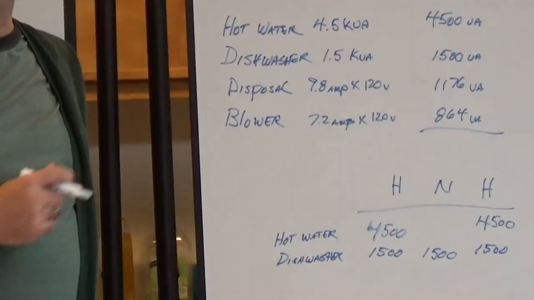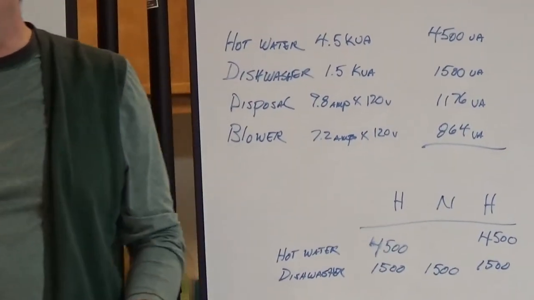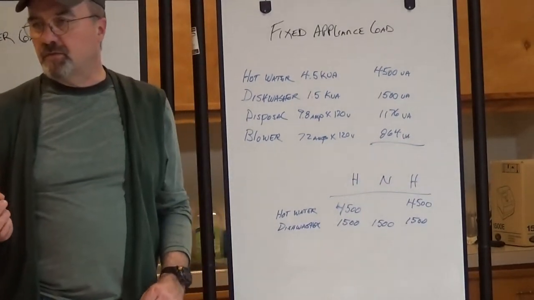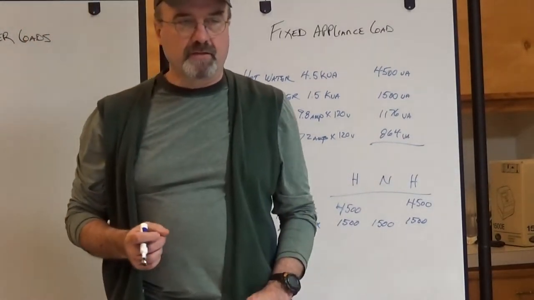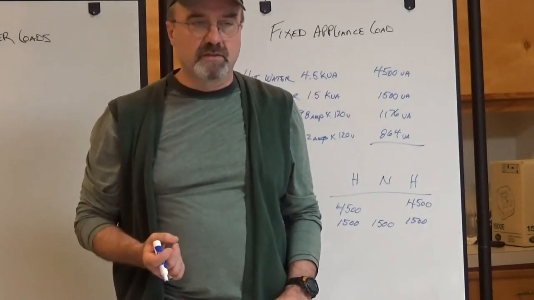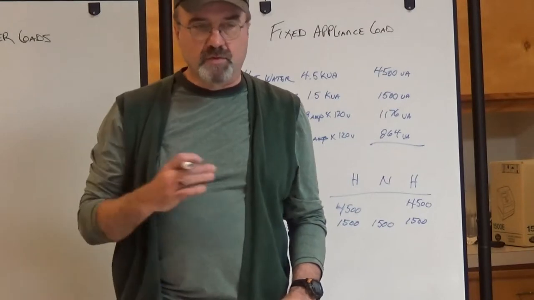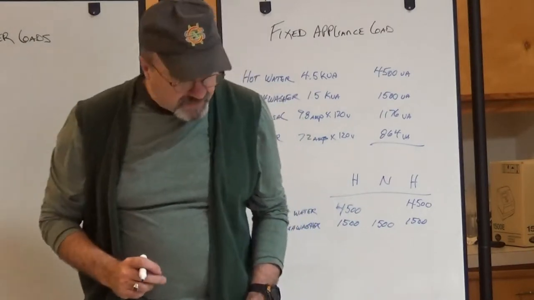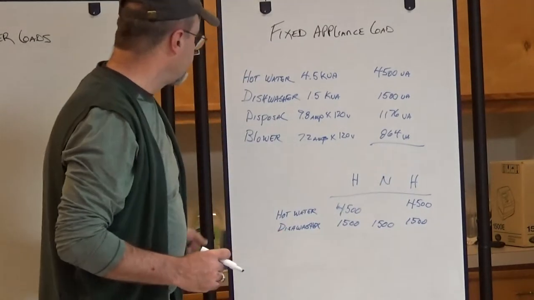We're going to make both hots the same size, so I'm just going to add that VA to each of the hots. The code allows us to put a demand factor on the neutral, make the neutral a smaller size, and towards the end of this calculation, we'll see what that looks like. But we'll go ahead and continue working through this.